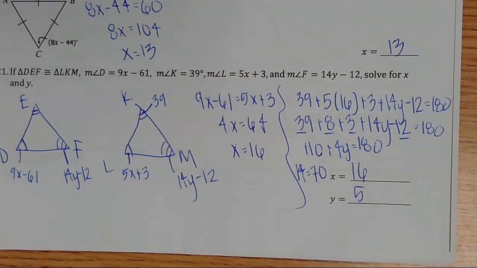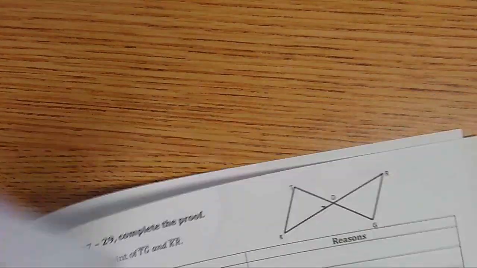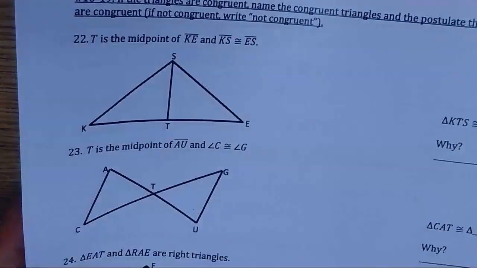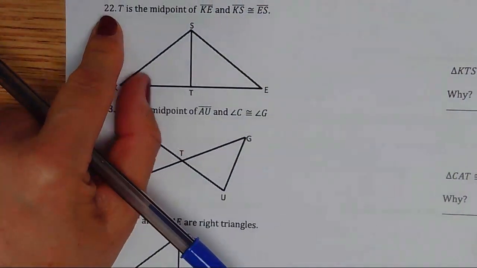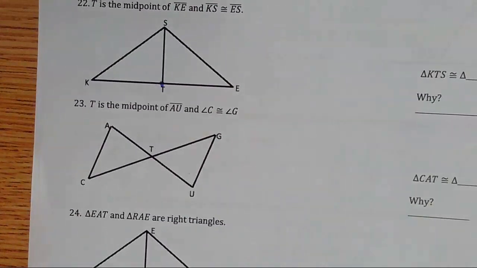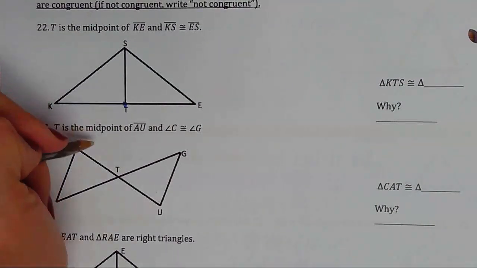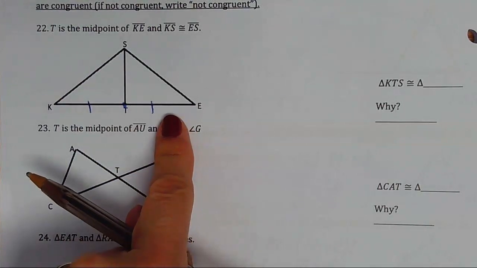Moving right along. Let's go to our congruent triangles. So, first things first, T is the midpoint of KE. So right here, T is the midpoint. That means that KT and ET are going to be congruent.